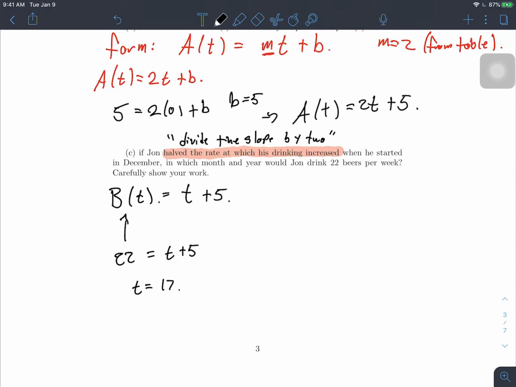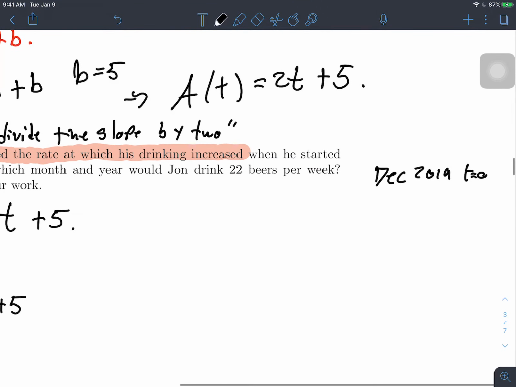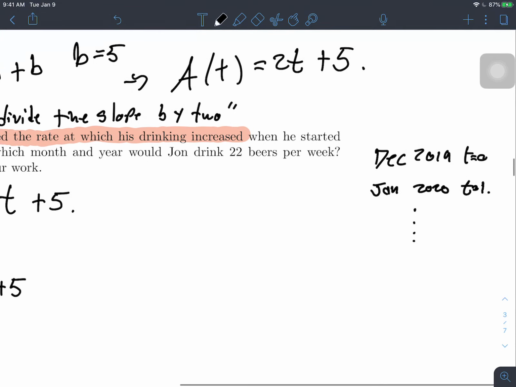Okay, so I know that December 2019 is t equals 0. Let me zoom in over here. I know that January 2020, that's t equals 1. And then if I were to keep going, I would find that December 2020 corresponds to t equals 12.